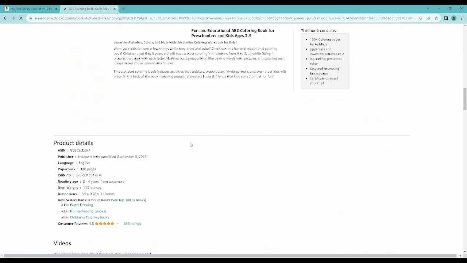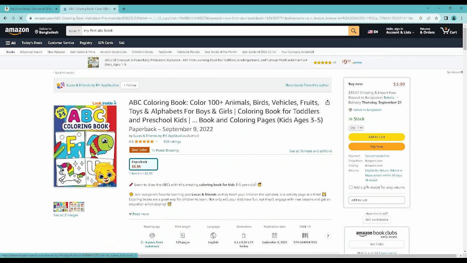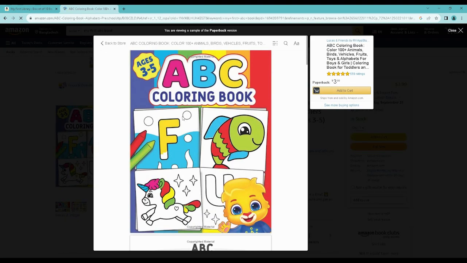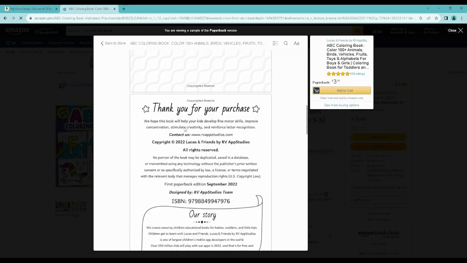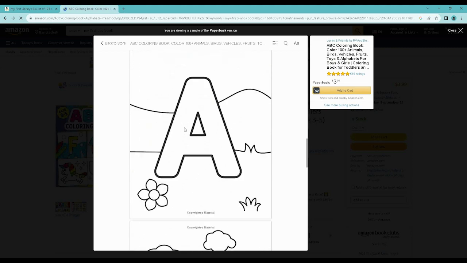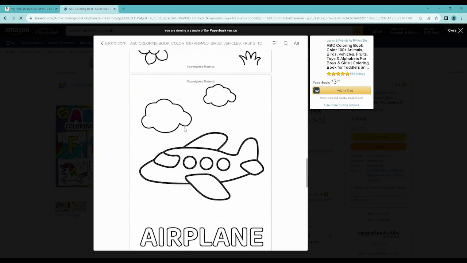First of all, you go to the top and click look inside. It's really fast, showing 20% of the book. The customer decides to purchase based on 20%, the first page, second page, or third page.